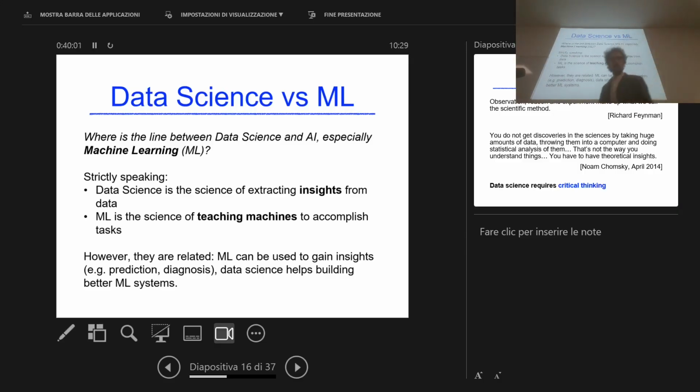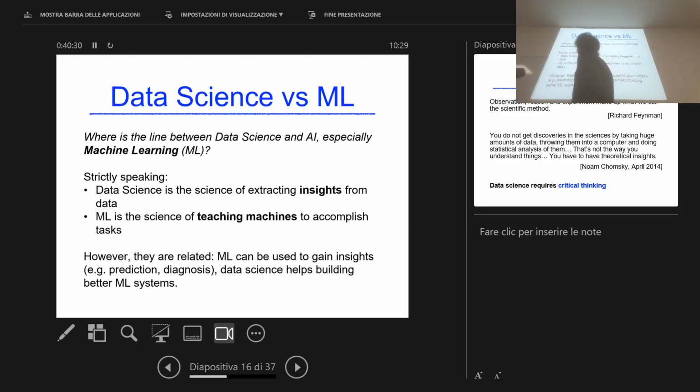Strictly speaking, instead, machine learning is the science of teaching machines to accomplish tasks. That's it. As the name suggests, machine learning means let's come up with techniques to have a software learn by itself how to achieve a given goal.